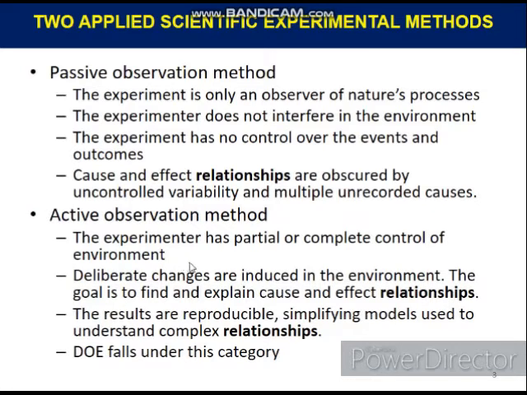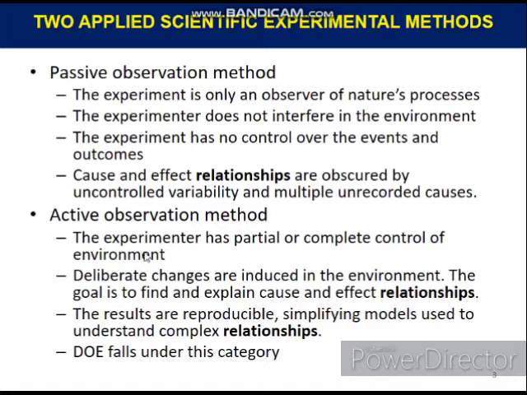So for example, if you want to do the experiment on how the oven temperature affects the softness of the bread that you bake, right? So you have the capability to control the temperature. We control the environment.